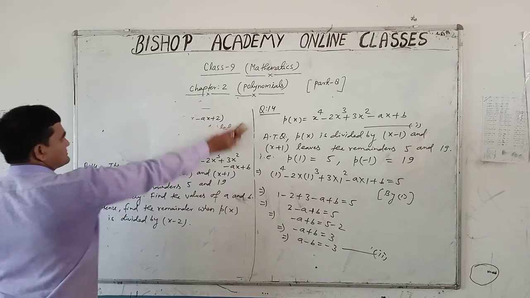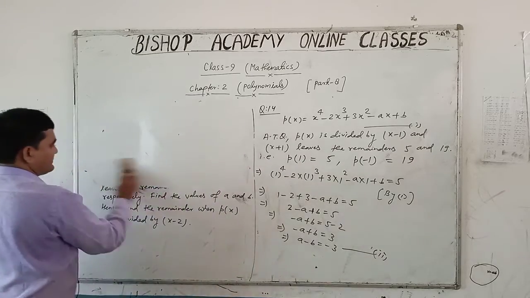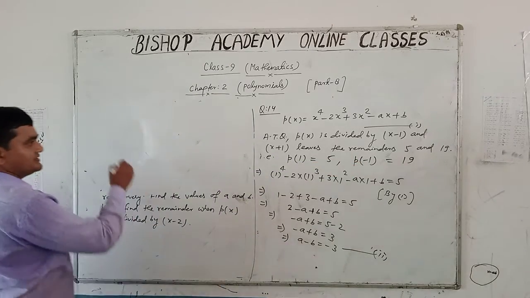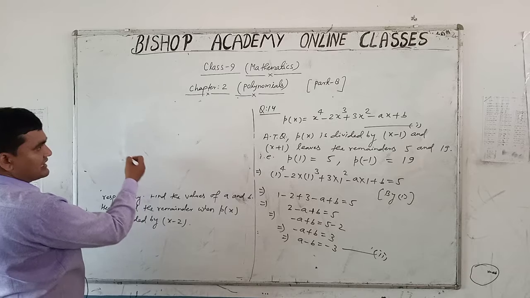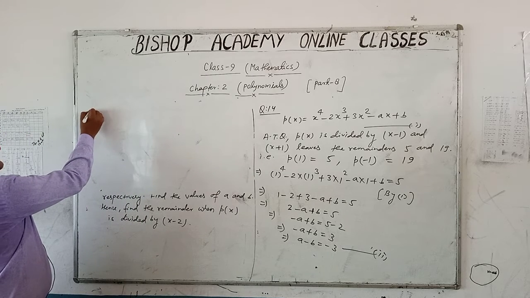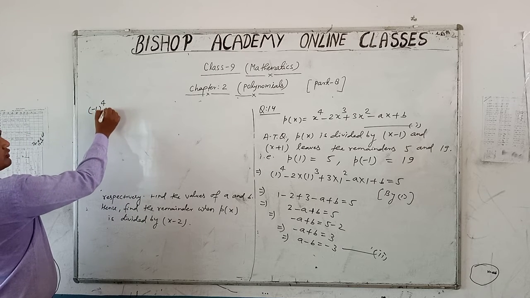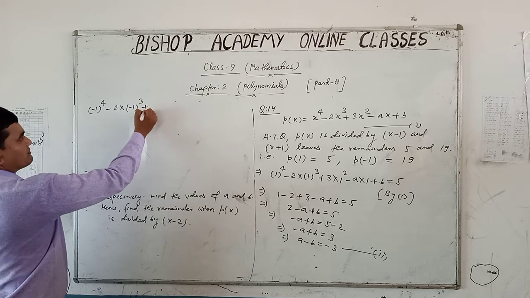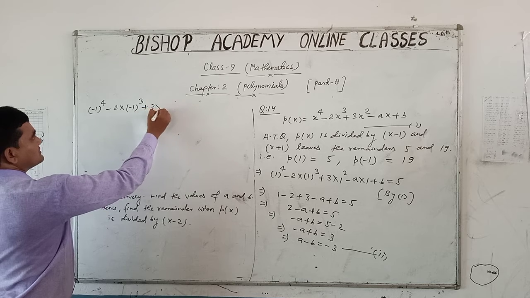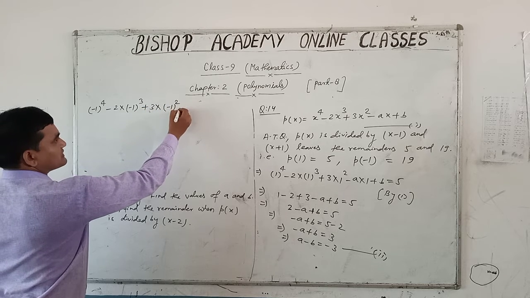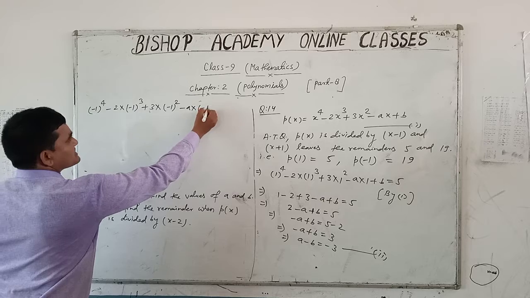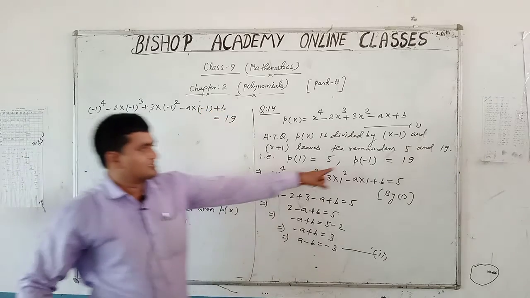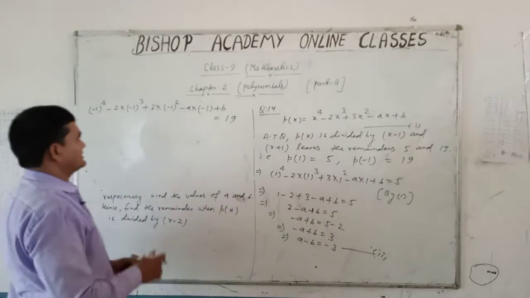Again, p minus 1 is equal to 19. Then from first we write minus 1 raised to the power 4 minus 2 into minus 1 whole cube plus 3 into minus 1 whole square minus a into minus 1 plus b is equal to 19, क्योंकि p minus 1 की वैल्यू 19 है.